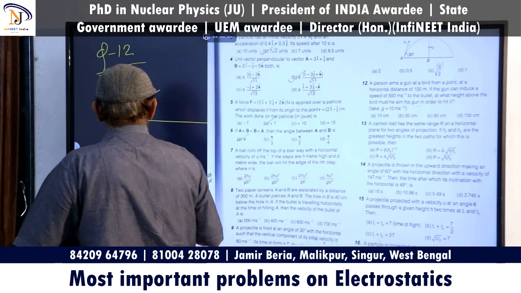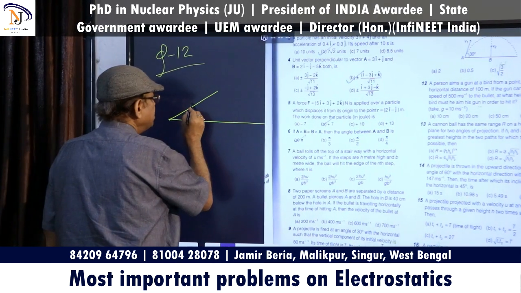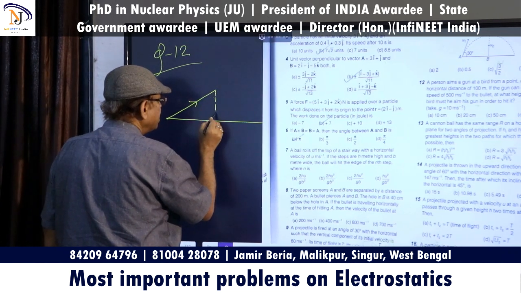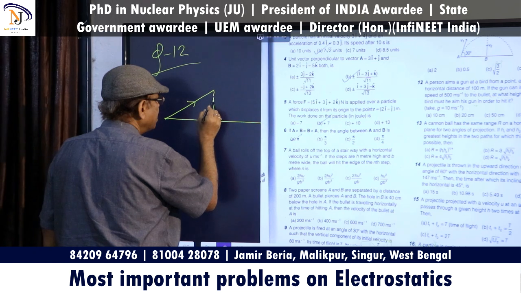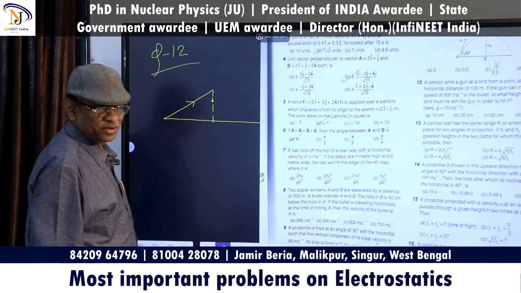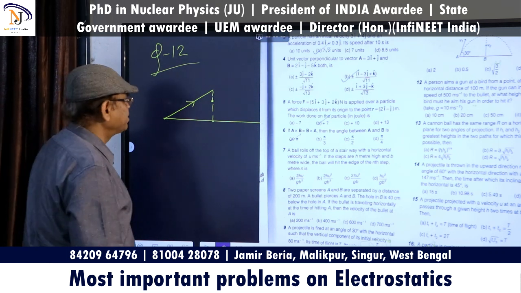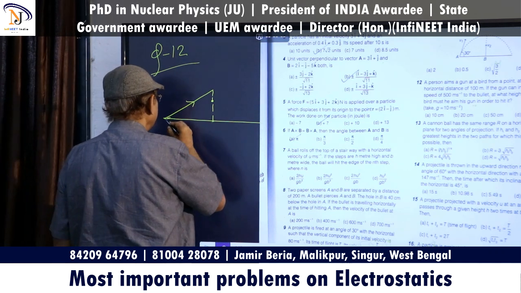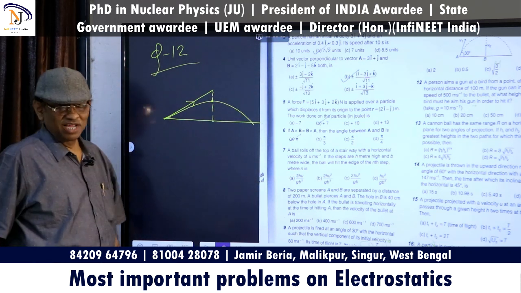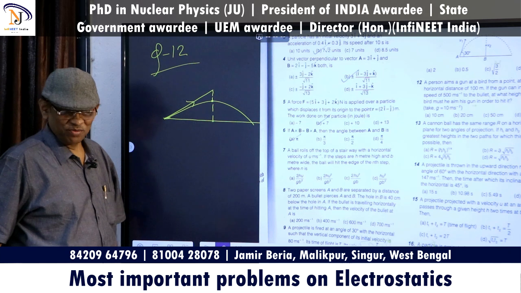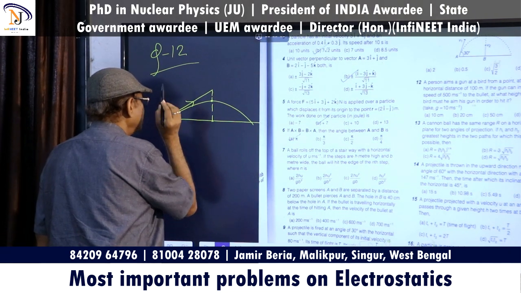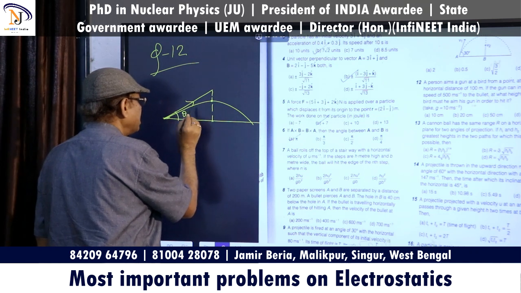Must he aim, meaning this direction velocity at above here. The rest remains, so I will not do it today, it is your task. Okay, then this will be the angle.